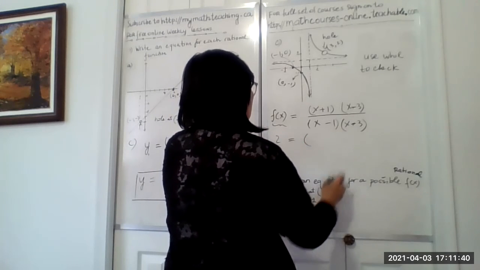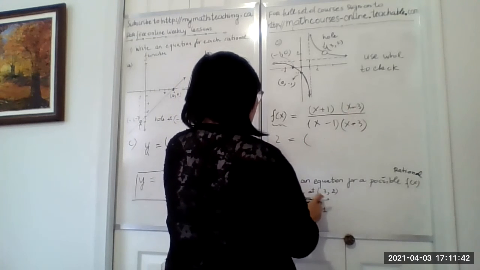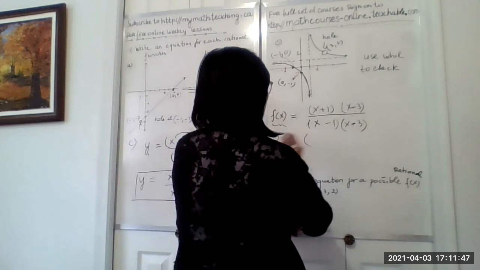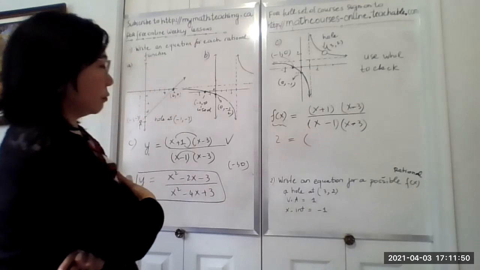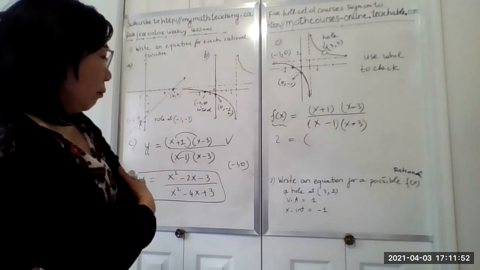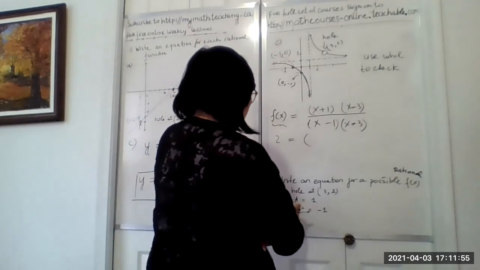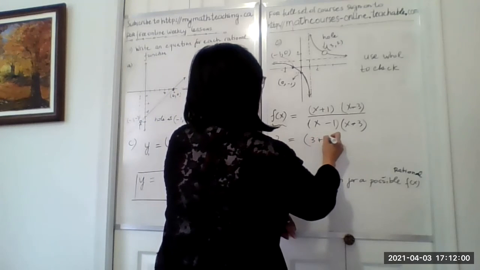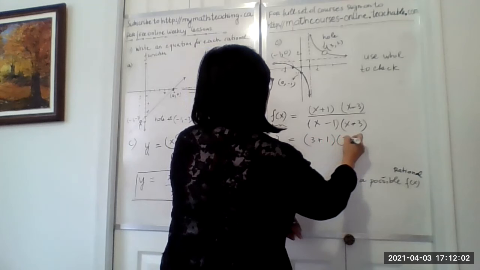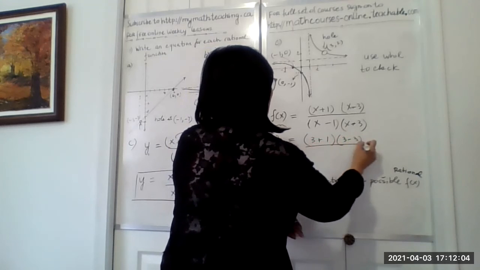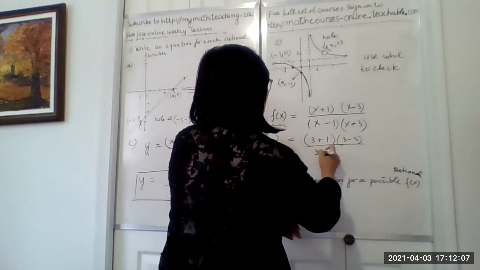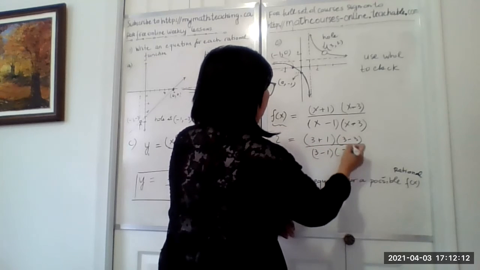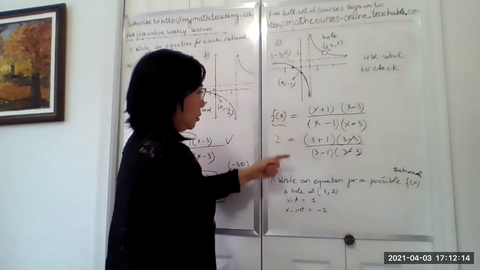If our x is 3, so 3 plus 1 times 3 minus 3, all of this over 3 minus 1 times 3 minus 3, and never mind, this is gone.